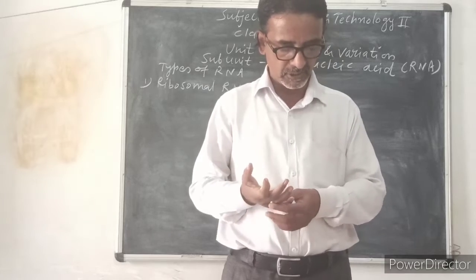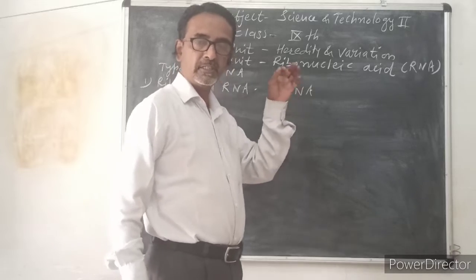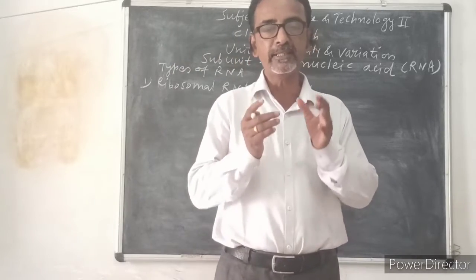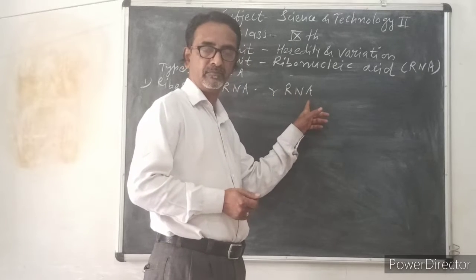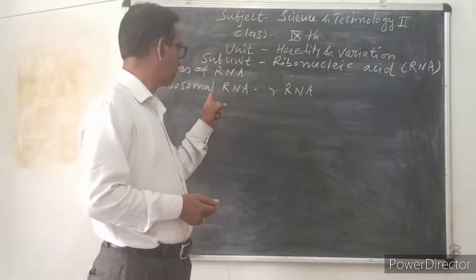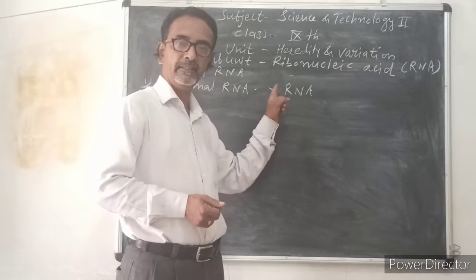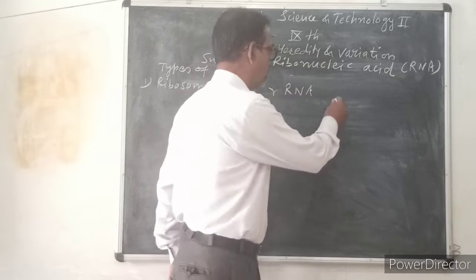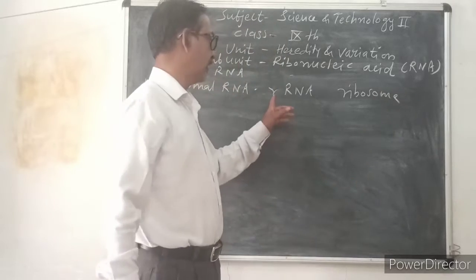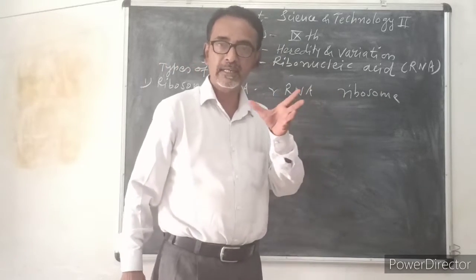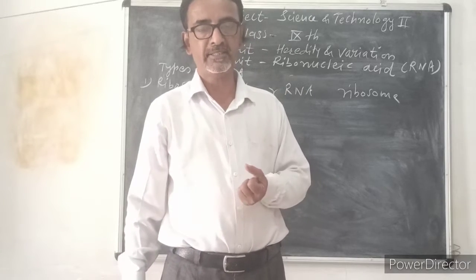So, as the name suggests, the type of RNA which is present in a cell organelle called ribosome is called ribosomal RNA, and this ribosome is used for protein synthesis.